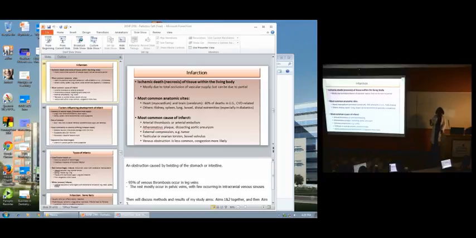Well, infarction is actually ischemic death. But when we're saying death, we're more or less referring to a particular tissue or organ. We're not necessarily referring to the person as an individual. So you have ischemic death or necrosis of tissue within the living body. The person is alive.